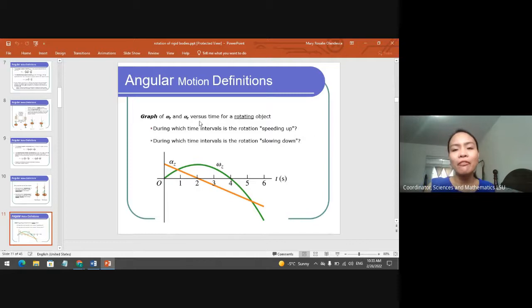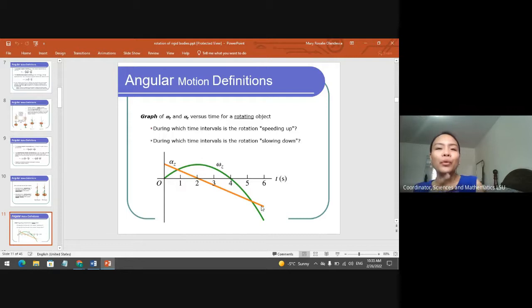All right, so we have this graph. Say for example, we have a graph of time versus angular acceleration and angular velocity. The angular velocity shows this green curve, while the angular acceleration shows this orange line.